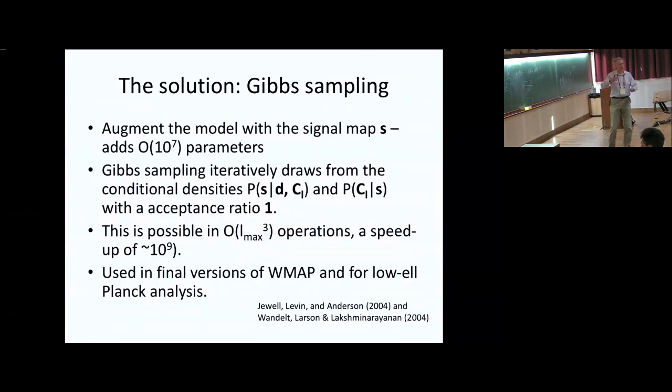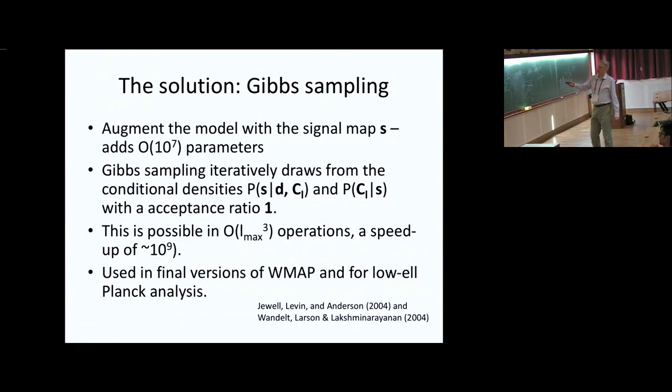One where you say, okay, my signal is drawn from the signal model, which is a Gaussian with covariance given by the power spectrum. And then the data is drawn from around that signal with some noise. So just split this up, and I introduce the signal map as well. So I have a data map, I have parameters which are the power spectrum, and I have a signal map. So I have two sets of parameters, signal and power spectrum, with the data set.